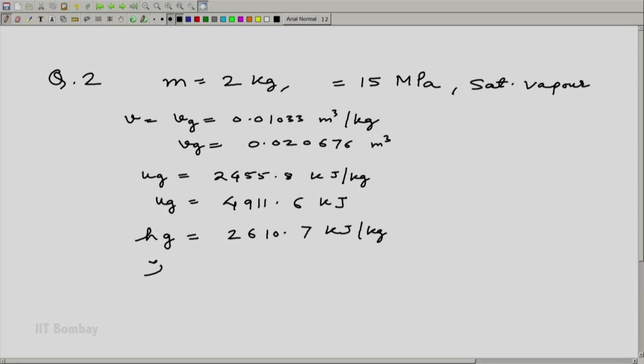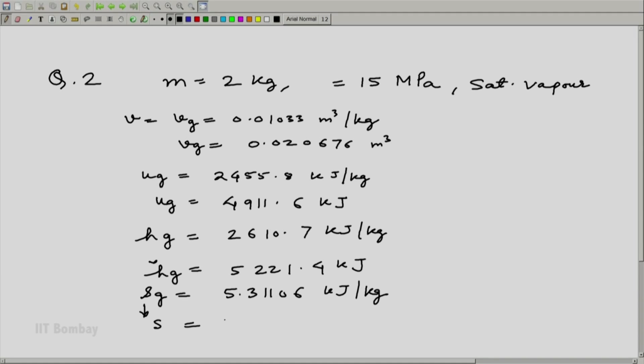In our case Hg will be equal to 5221.4 kilojoule, and Sg is equal to 5.31106 kilojoule per kg Kelvin, which for 2 kg will be S equal to 10.6212 kilojoule per Kelvin. So this was kilojoule per kg Kelvin, this will be kilojoule per Kelvin now, and this is the value of Sg. So these are our values for 2 kgs.